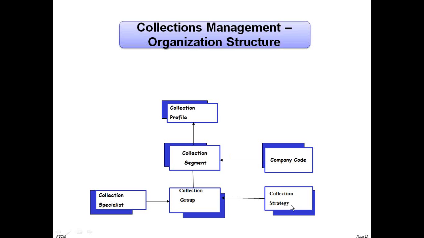This is collection strategy. Assume that there is a good business partner, and you should not encourage having a collection specialist make a call from outside for a specific payment, because he is paying on time.